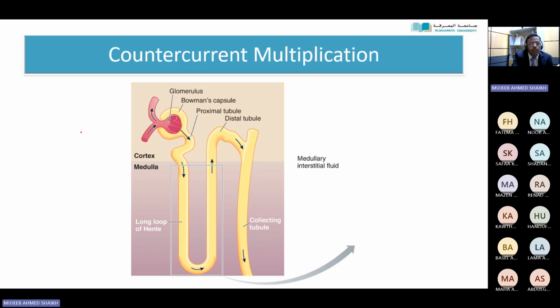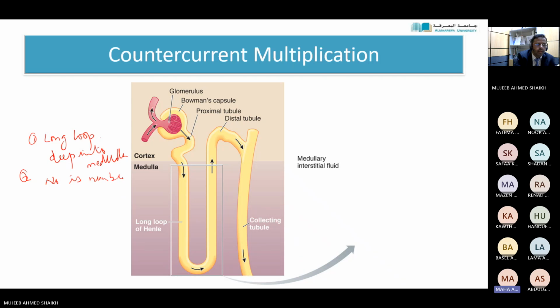The juxtamedullary nephrons are less in number, whereas cortical nephrons are more in number. First is the long loop going deep into the medulla. Second is the number, which is less.